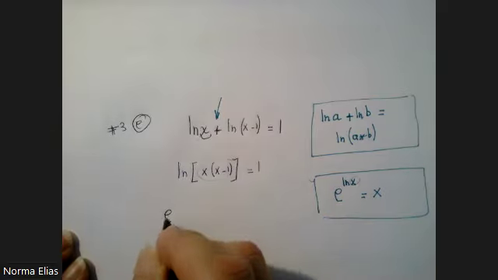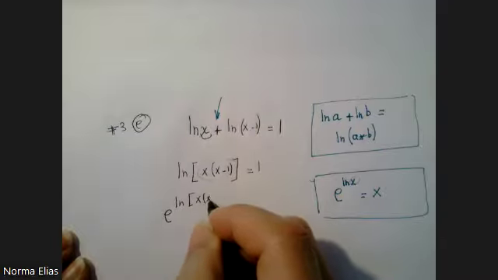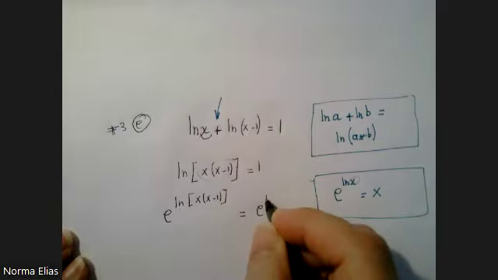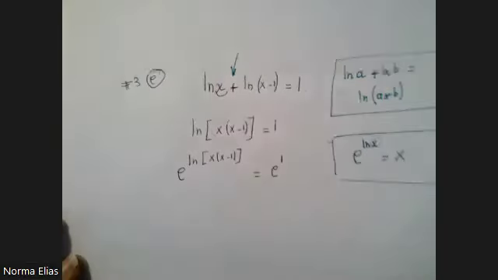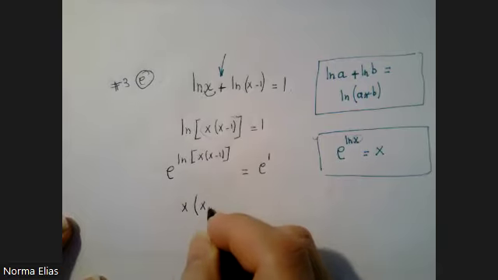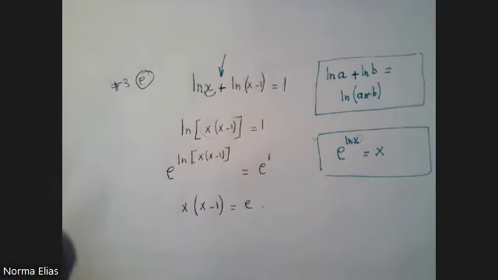So I say e to the ln of the first term equals e to the power 1. Okay, so this would give me x times the quantity x minus 1 equal to e. So the only thing I'm doing is I'm trying to get my x outside the ln.